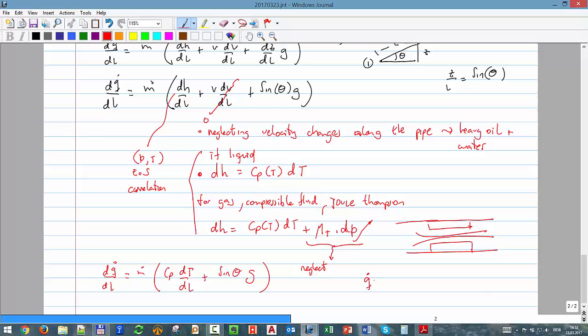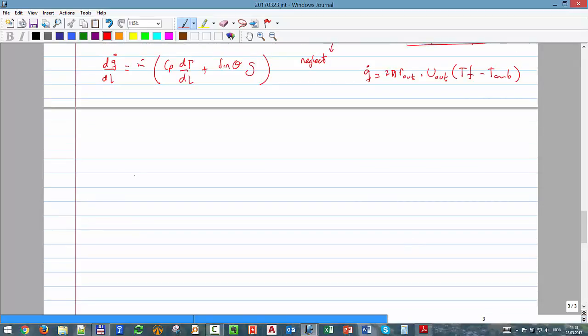If you remember, the heat was just 2 pi r out times this u out, times Tf minus T ambient. Okay, but we're going to plug it in this equation. Remember that the first law has a convention. When we had the first law, with coming in 1, coming out 2, and this control volume, the convention was that if Q is going out, it's negative.